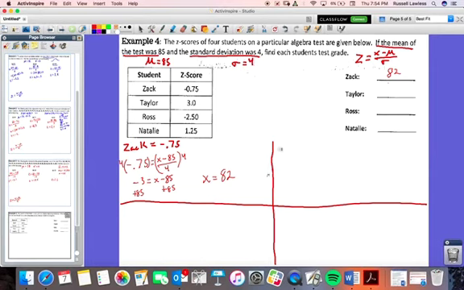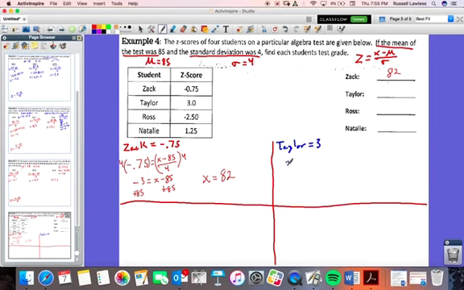So let's look at Taylor. Taylor got 3 standard deviations, her z-score was a 3. So do you think she's above or below? Well, she's above. 3 is going to be a big one.